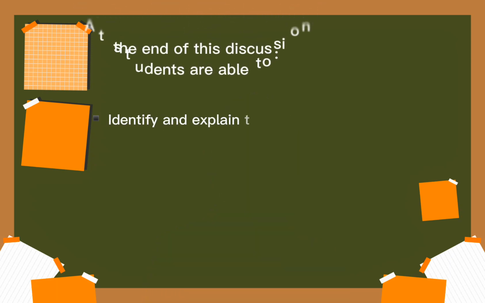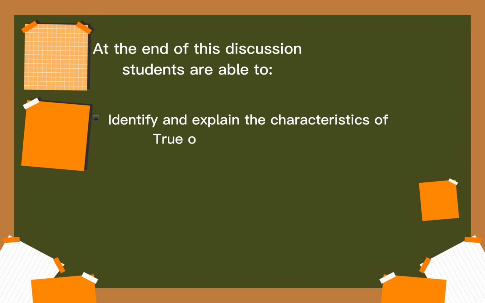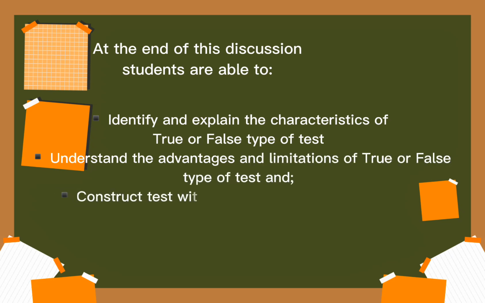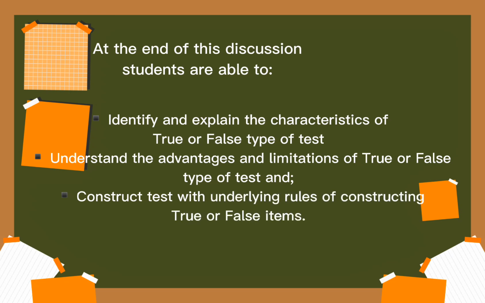At the end of this discussion, students are able to identify and explain the characteristics of a true or false type of test, understand the advantages and limitations of true or false type of test, and construct a test with the underlying rules of constructing true or false items.